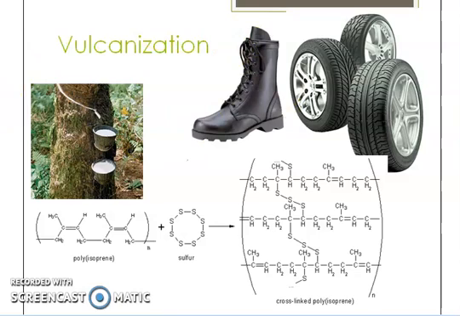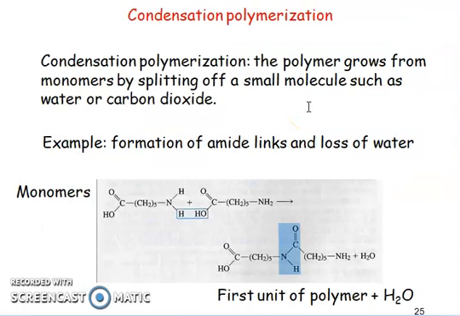If a question arises, what is vulcanization? Vulcanization is a process of adding sulfur to natural rubber so that it converts into cross-linked polyisoprene, which is very hard and has very high elasticity. So we can improve the properties of natural rubber by adding sulfur to it, and this is called vulcanization. This vulcanized rubber is used in making shoes, tires, etc.